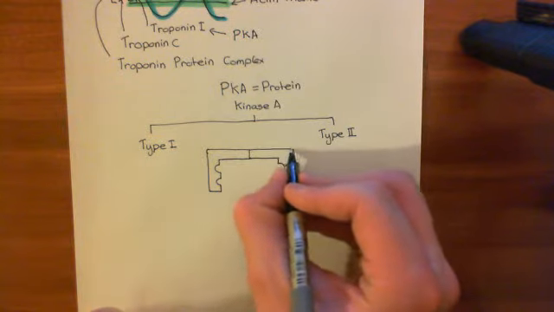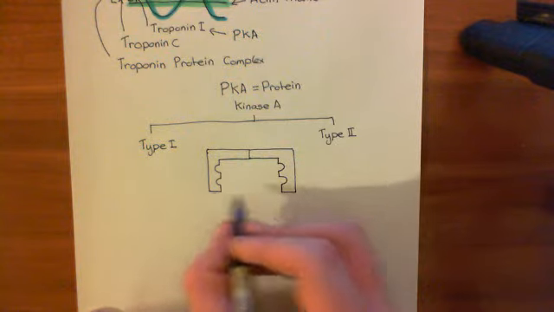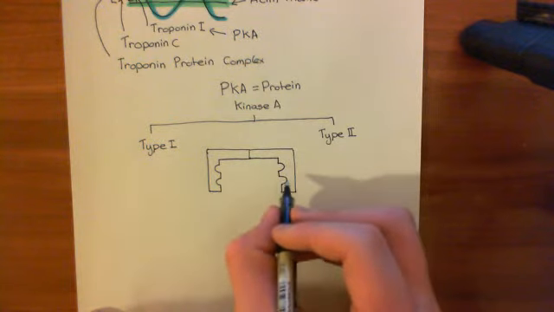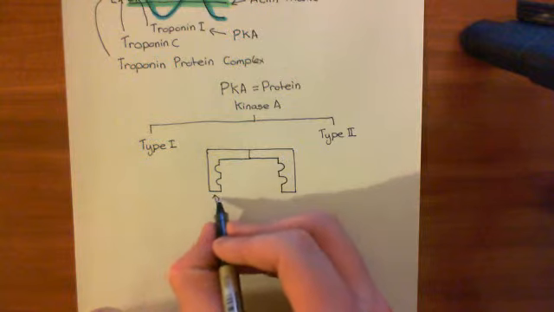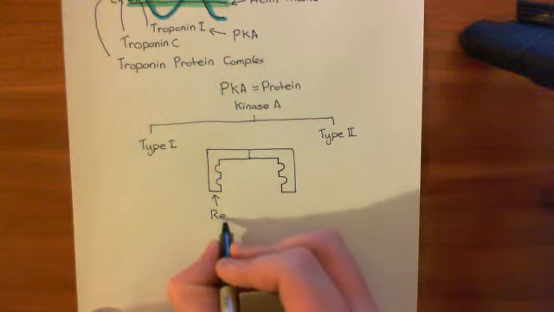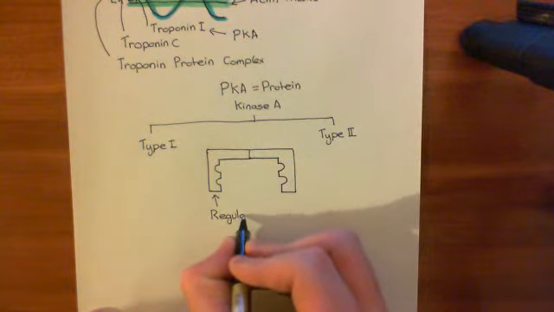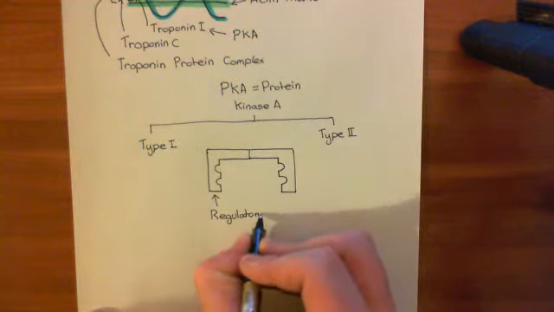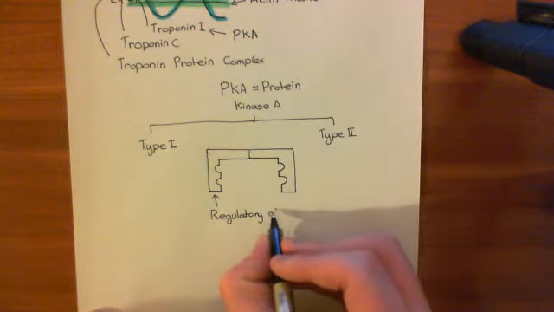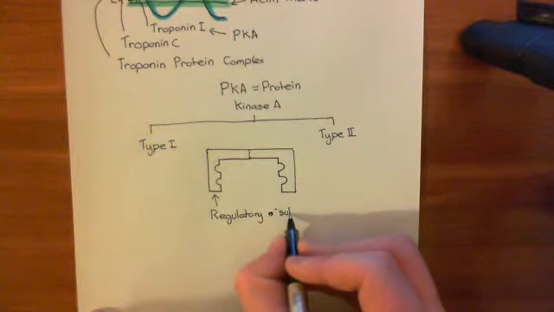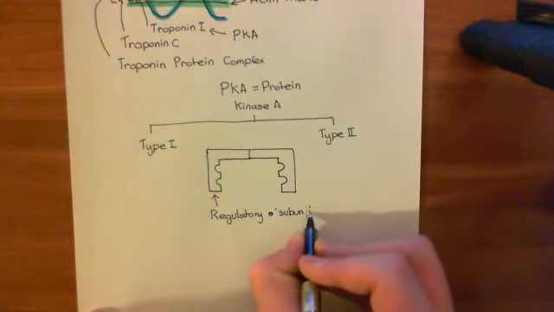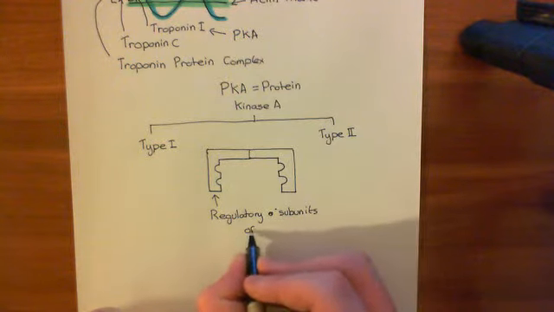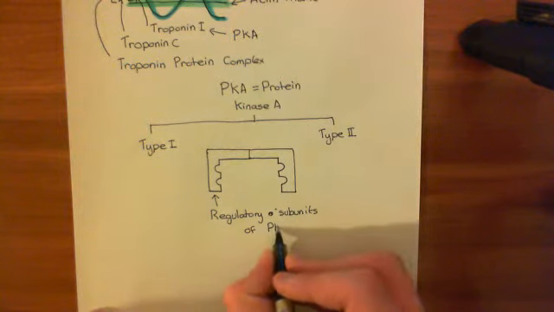Okay? Right, so you have these two proteins here that are identical, and these are regulatory subunits of protein kinase A. These are not active enzymes in themselves, but they are still considered part of the protein kinase A enzyme. So regulatory subunits of protein kinase A.